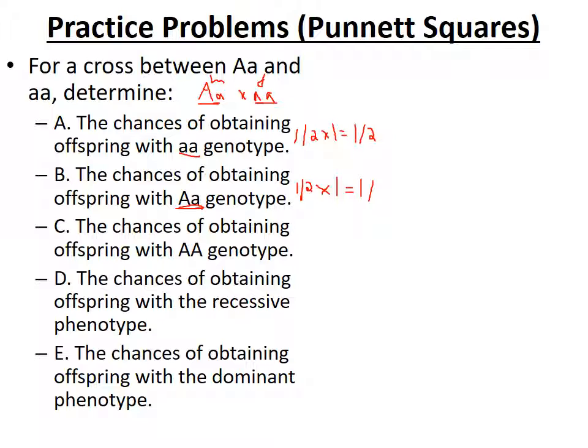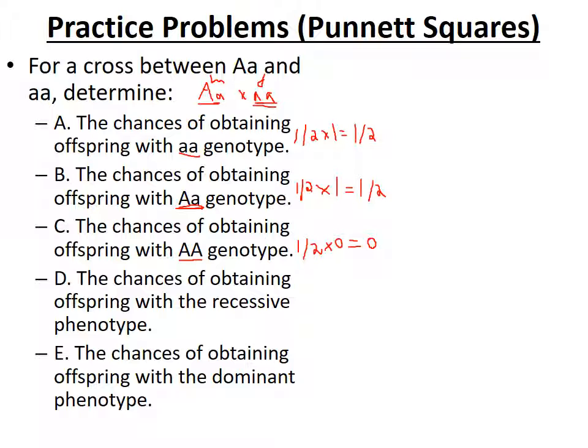That's again half a chance, 50%. What are the chances of getting big A, big A? Well, that means you need big A from mom and big A from dad. So big A from mom is half a chance. Big A from dad, well, there's no big A there, so that's 0. And that's a 0% chance.